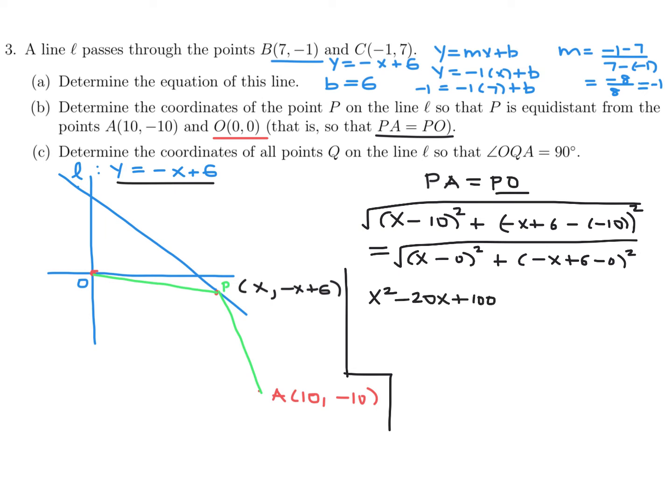When you expand this one, that's x minus x plus 16, so it's going to be x squared minus 32x, and then 16 squared is 256. This side is relatively straightforward. When you square both sides, the radical sign disappears and you just have x squared plus x squared minus 12x plus 36.